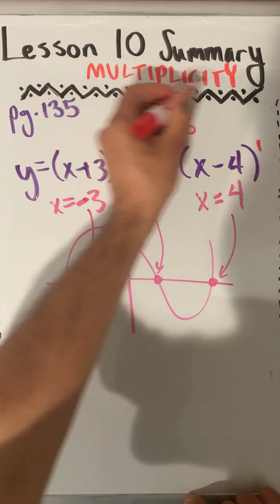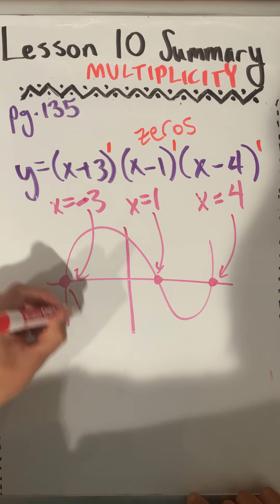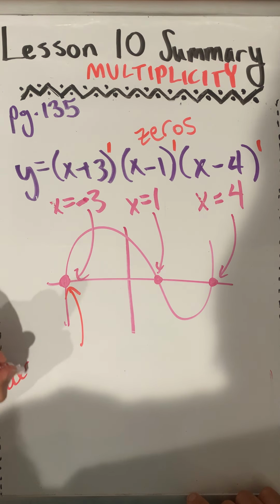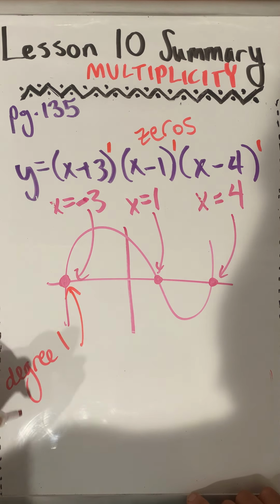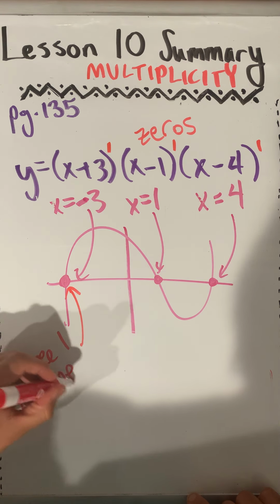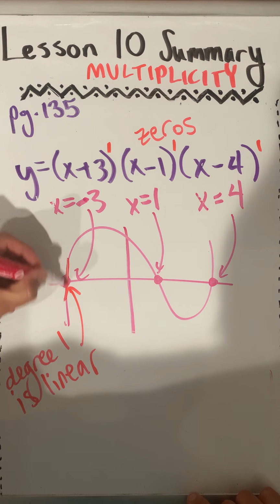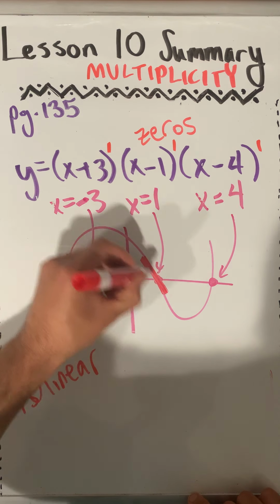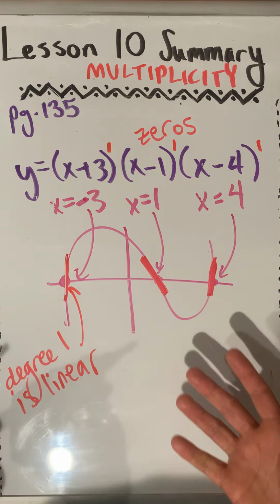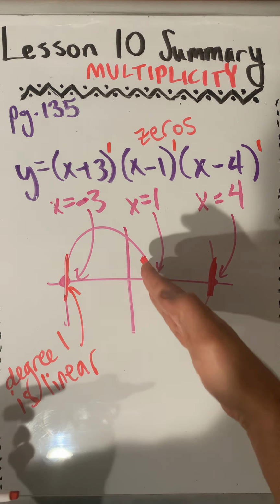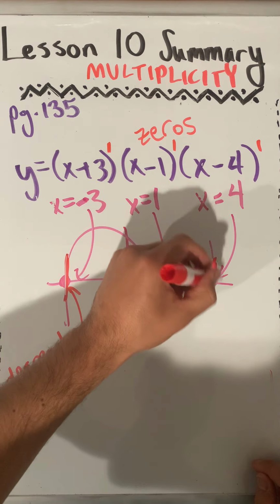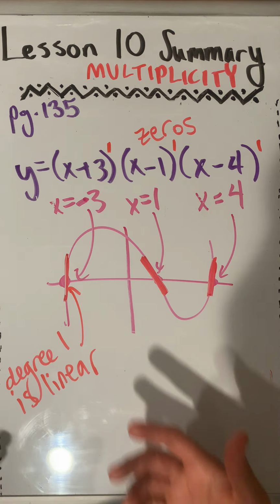If the multiplicity is 1, if you remember, degree 1 is linear. So you're going to notice it's like a line right there, a line there, and a line there. The shape of it is linear at that point. And you're probably asking yourself, Mister, it looks kind of curvy.